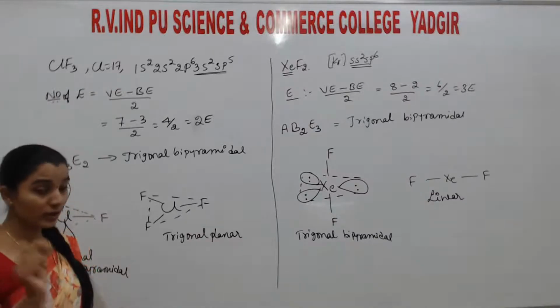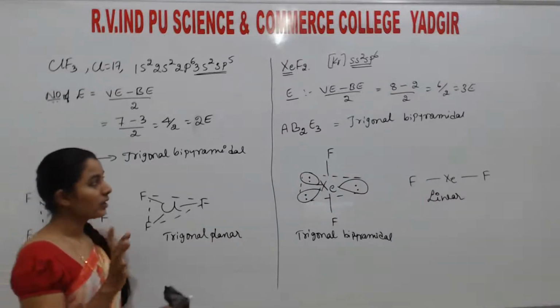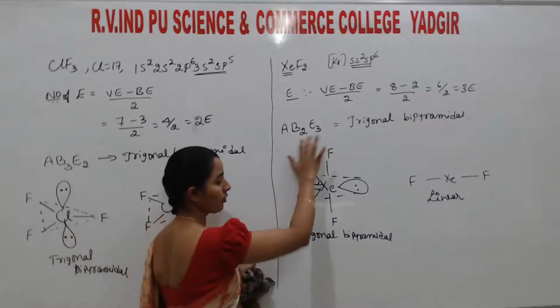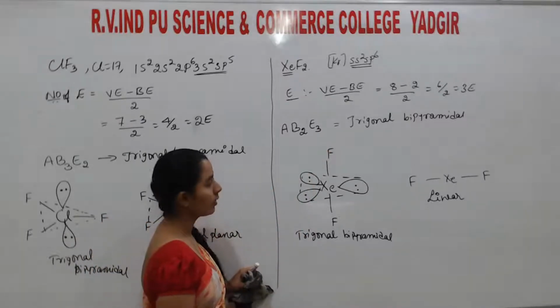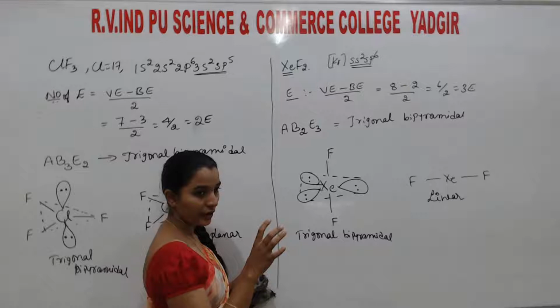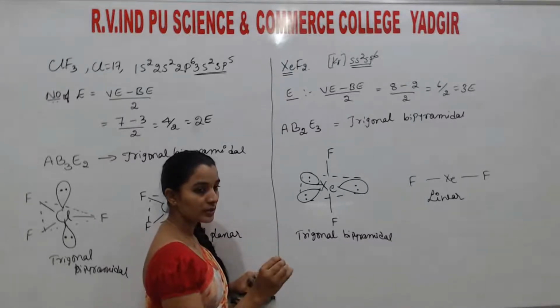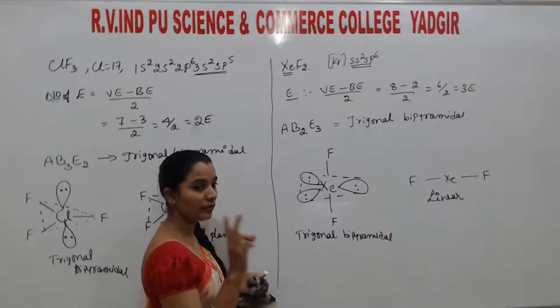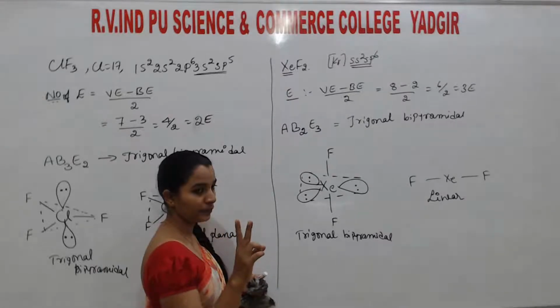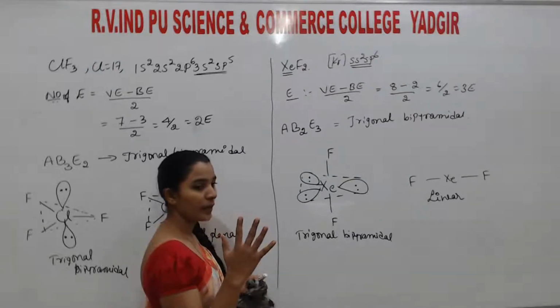Understand? So the thing you need to remember is what? Just to consider the number of bonds. Later I will give one list for you people for which bonds, how to calculate or how to consider the respective structure. Remember, for 2 bonds, linear. For 3 bonds, trigonal. For 4, tetrahedral. For 5, trigonal bipyramidal.